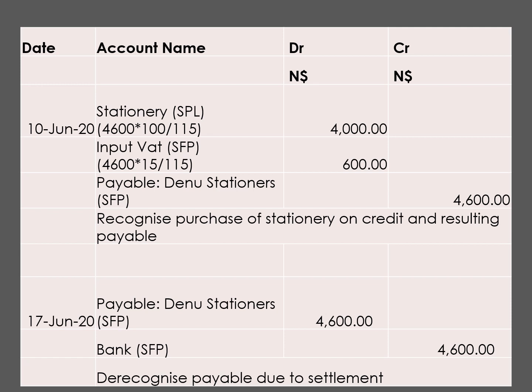Finally, we credit payable Denu Stationers with an amount of 4,600, as this is the settlement amount and Denu Stationers is a liability, and liabilities increase on the credit side. The journal narration is: recognize the purchase of stationery on credit and the resulting payable.